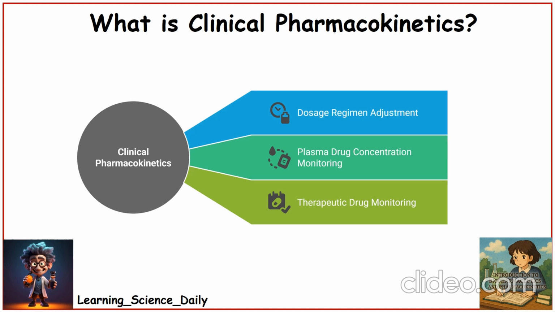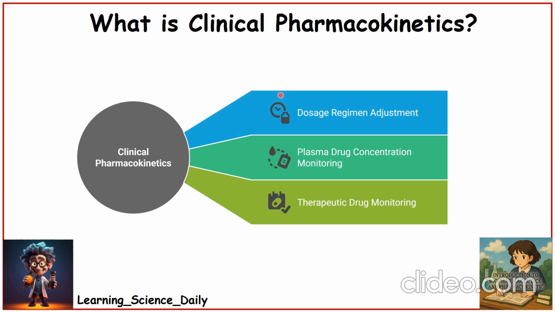People can react differently due to things like age, weight, genetics, or other health conditions. Because of this, some people might get too little of the drug, which doesn't help them, while others might get too much, which can be harmful or toxic. That's where clinical pharmacokinetics comes in. It's the science of using drug concentration data to help doctors adjust the dose for individual patients.